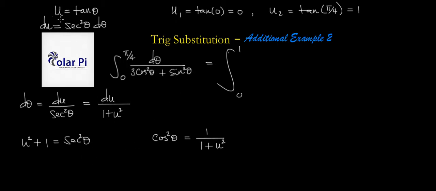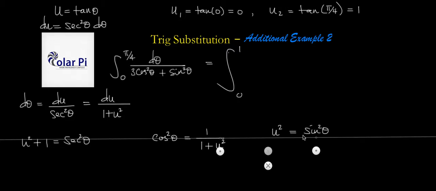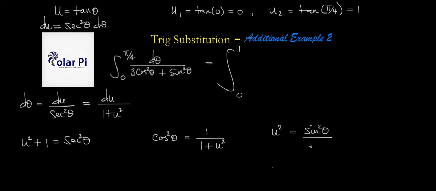Again, u is equal to tan theta, so u squared is tan squared, but tan squared is sine squared divided by cosine squared. If I multiply this equation on both sides by cosine squared, I can get sine squared by itself. So sine squared is u squared times cosine squared.